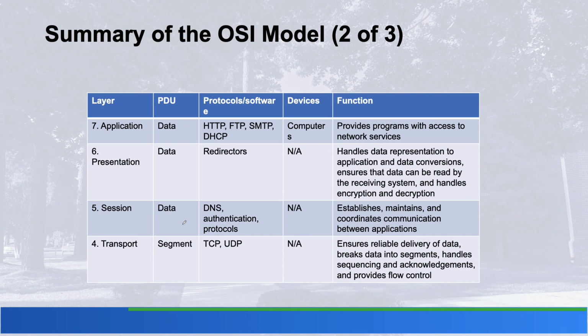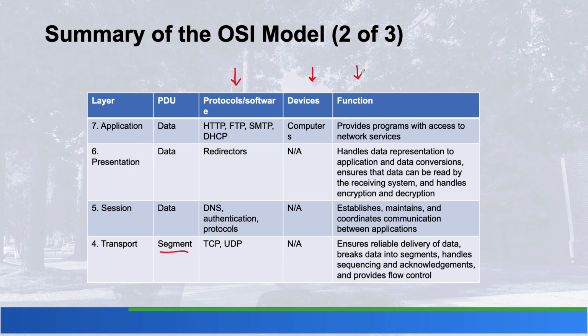So here's a table that summarizes everything. I believe it's in your book too. Use this table to go over your different layers, what we call the data at different layers, the protocols used at those layers, what devices are used at those layers, and what the layers do.